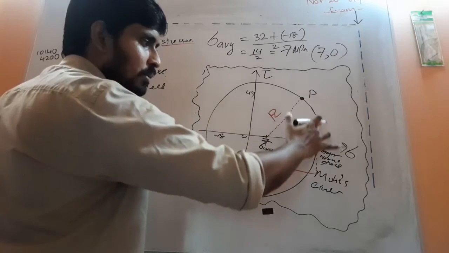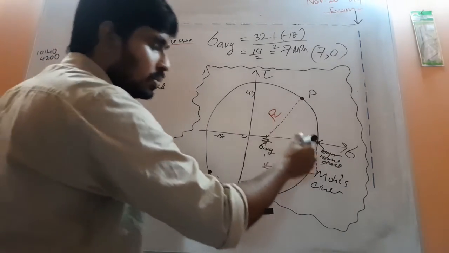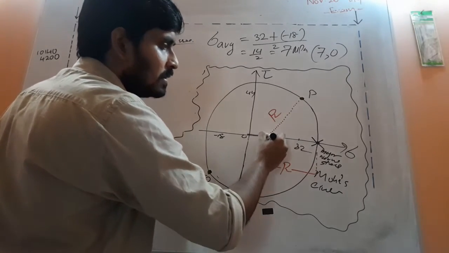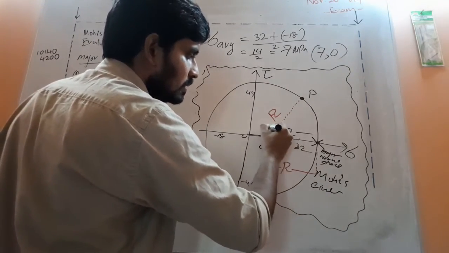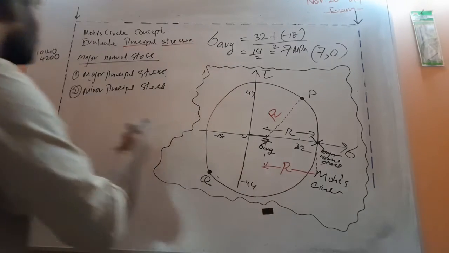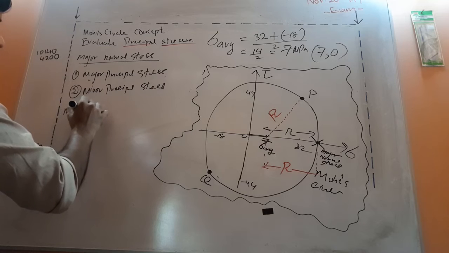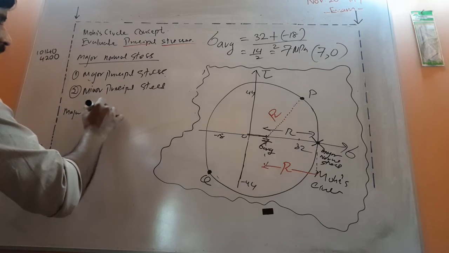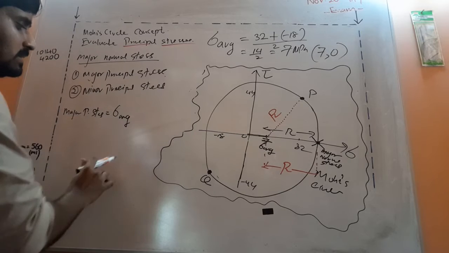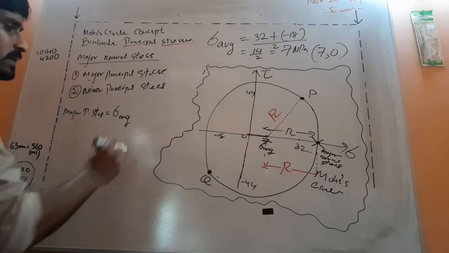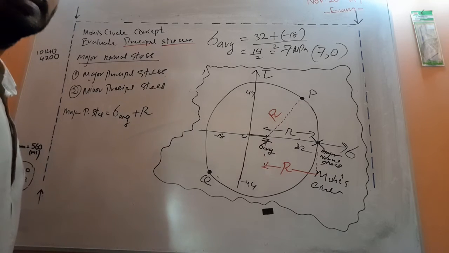Distance from a point on the circumference to the center is the radius. So you know the length from here to here. From here to here you have radius. So what is the major principal stress? Major principal stress is sigma average, that means the x coordinate of the center plus radius. Simple.